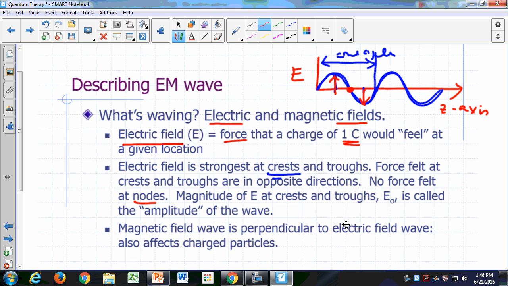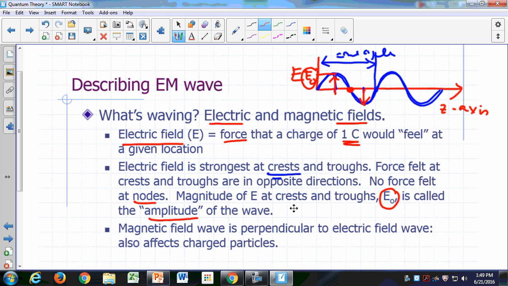Now the magnitude of your electric field at the crests and the troughs is usually represented by the symbol E naught, and that's called the amplitude of the wave. So the stronger the force that would be felt at the crest and the troughs, the greater the magnitude of the wave. There's also a magnetic field wave that is perpendicular to the electric field wave.